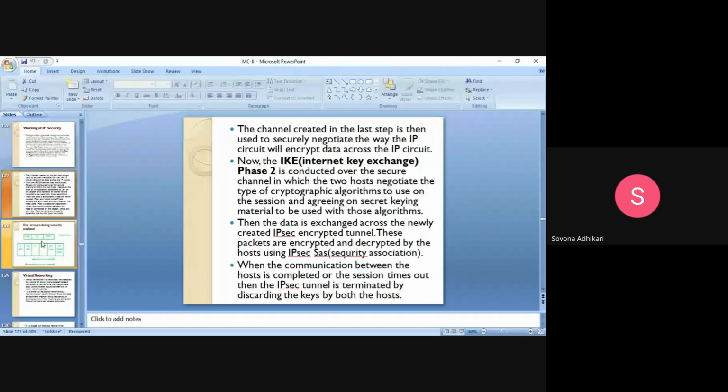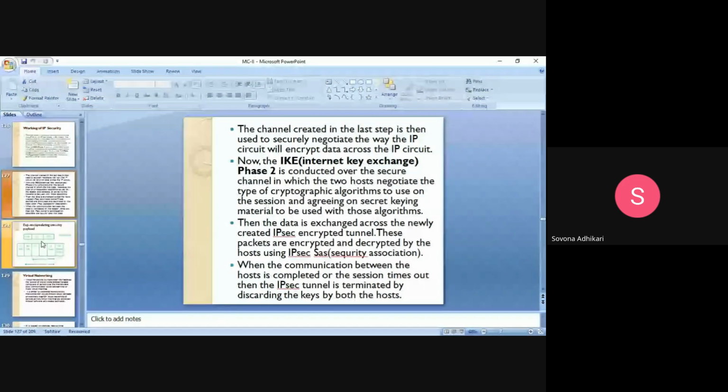When the communication between the hosts is completed or the session times out, then the IPsec tunnel is terminated by discarding the key by both the hosts. We have already known that there is a key exchange between them. So when the communication is over or the session times out, the tunnel must be terminated. How is it terminated? It is terminated by discarding the key by both the hosts.